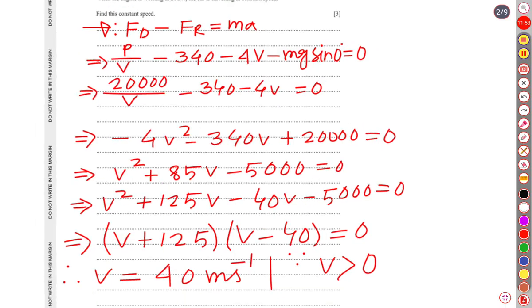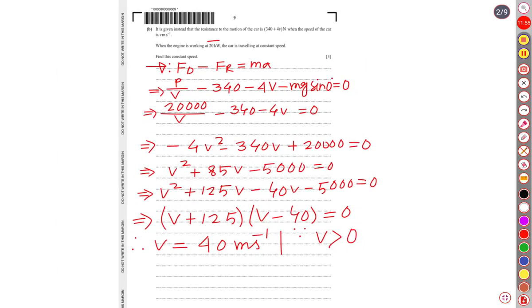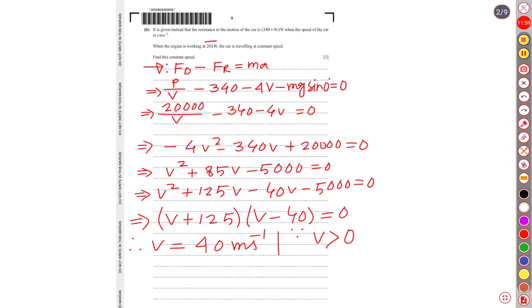Hence we have chosen the positive value of v. And that's all about the solution to this question, and I believe that you have understood it well.